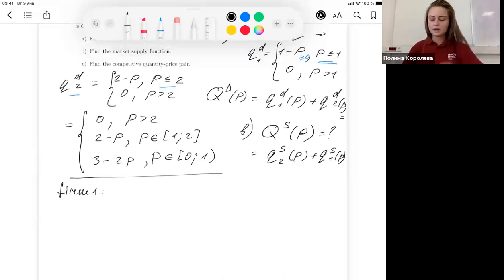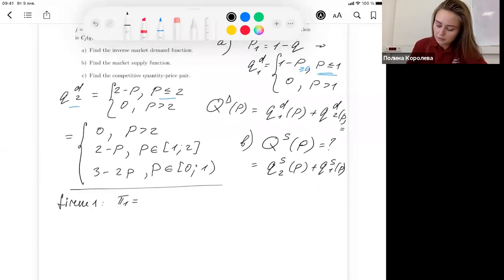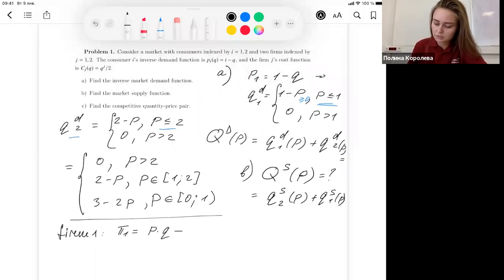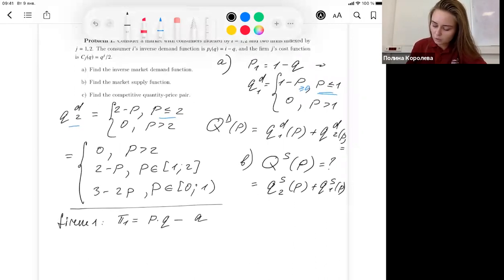How firm decides how much to supply from her profit maximization problem. So for firm 1, profit will be revenue. It's price constant multiplied by quantity minus costs. For the first firm, it is Q squared over 2.